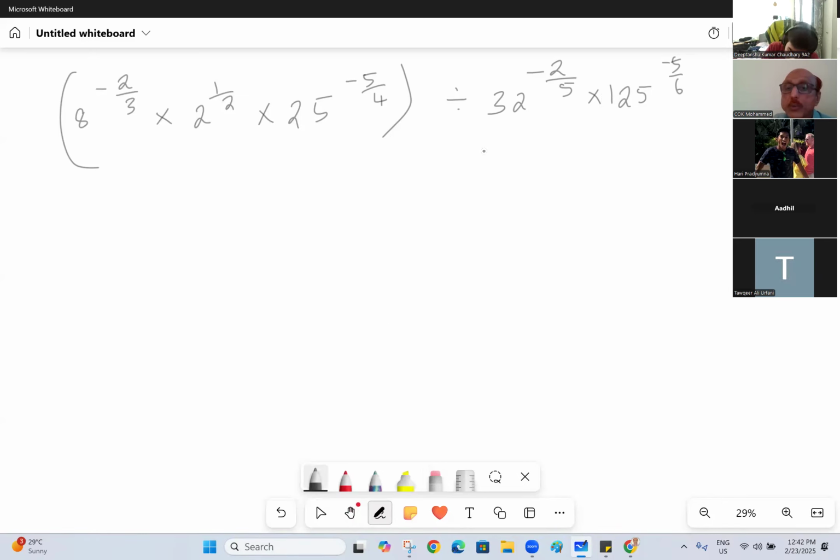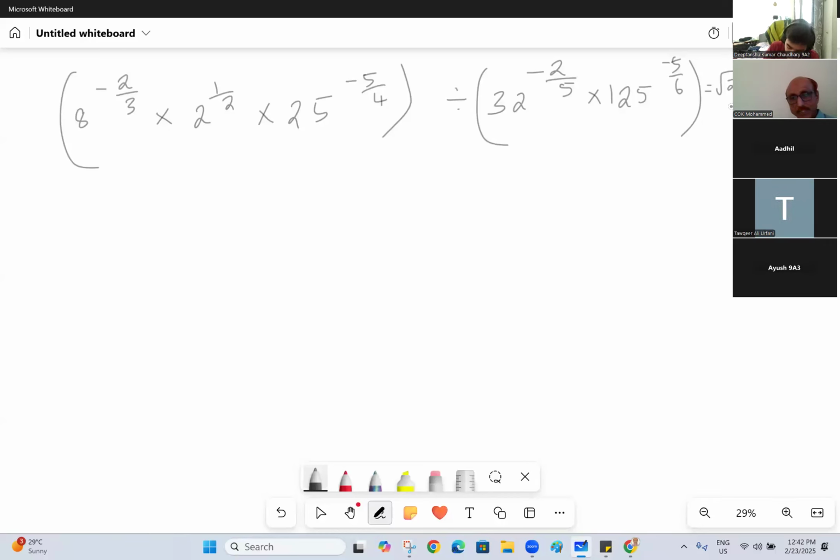That's what you have to do. Come on, try. We have to prove that this is equal to root 2.